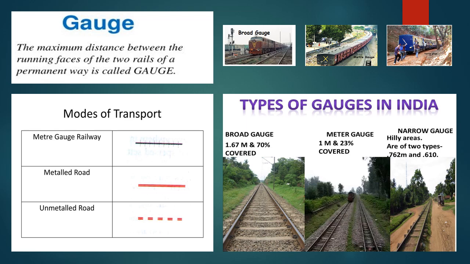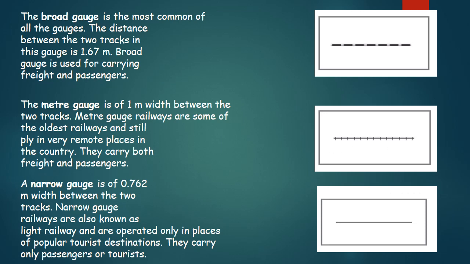These trains are called toy trains also. So this was about the modes of transport and railway tracks. So again, I would like to repeat about the signs and symbols which are used. Black color is used to show all these broad gauge, meter gauge and narrow gauge on the topo sheet.